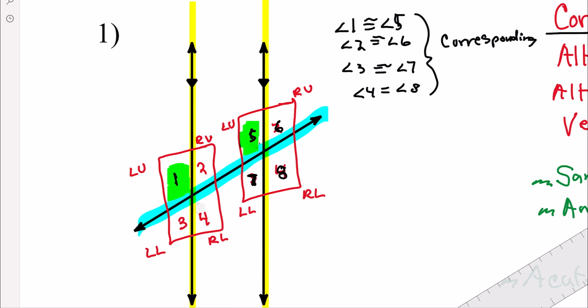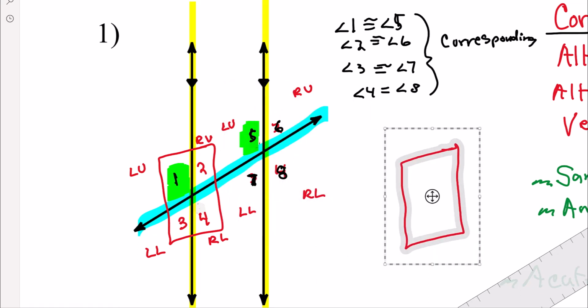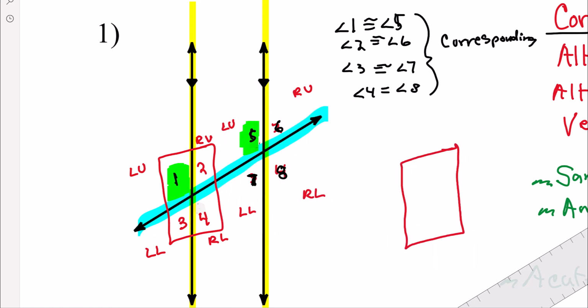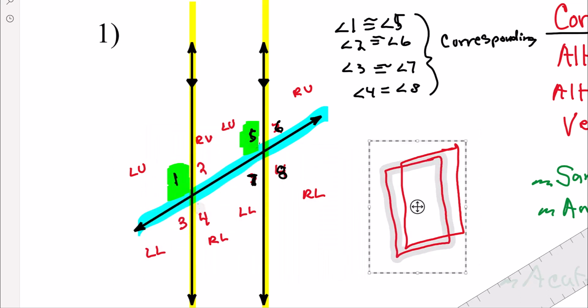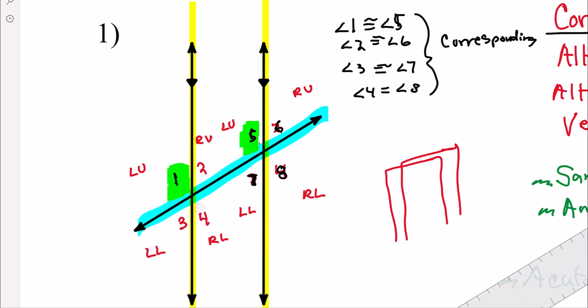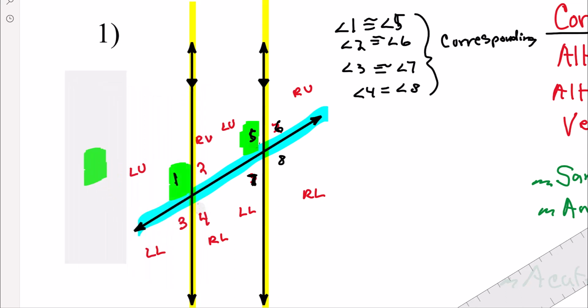All right, so now let me see if I can select that. Yeah, let me get that out of the way. There we go. Make that a little bit easier to read. Okay, so now I'm going to unhighlight those.